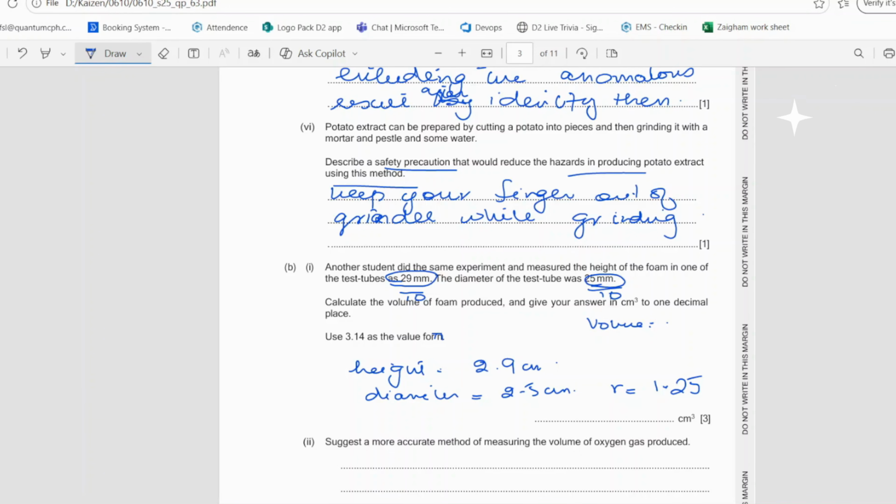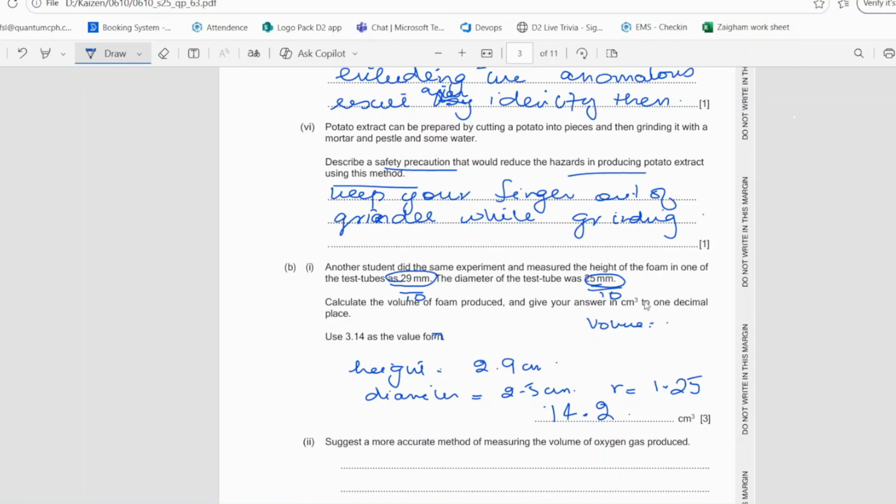Now calculated. Why have they given this? I'm not getting it. Yes, it is 14.2 cubic centimeters.